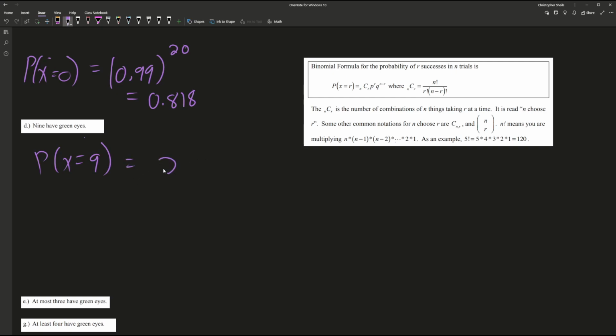This is going to be 20 choose 9 times p, which is 0.01, to the 9th power times q, 0.99, to the 20 minus 9th power.